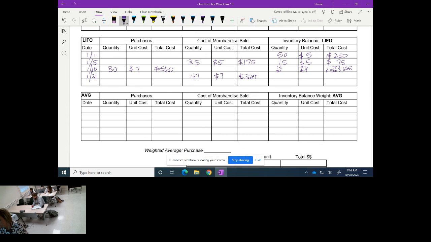So of these 80 units, we have 33. We have all 15 of those original ones.